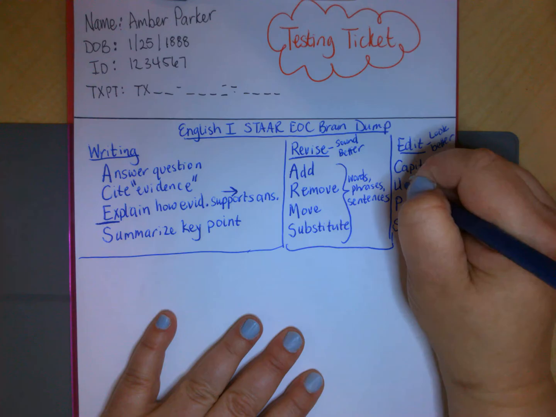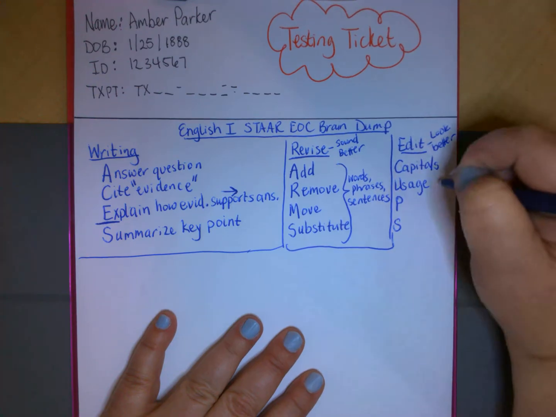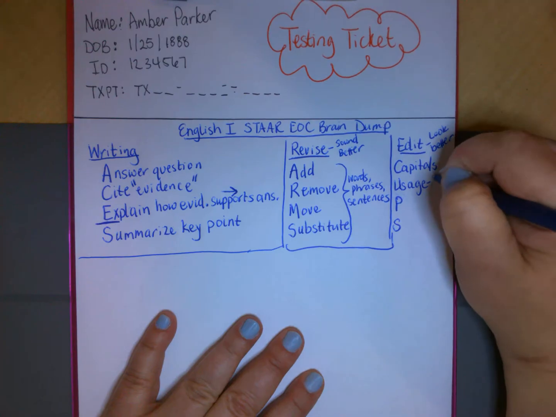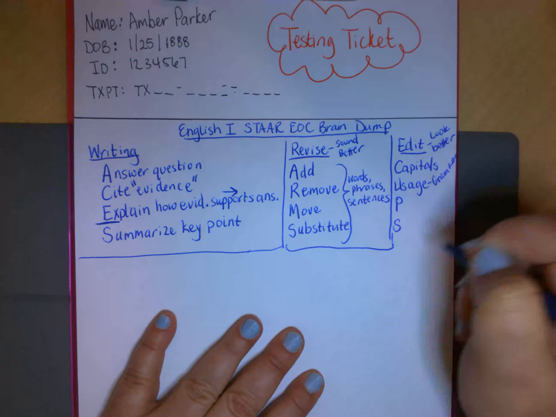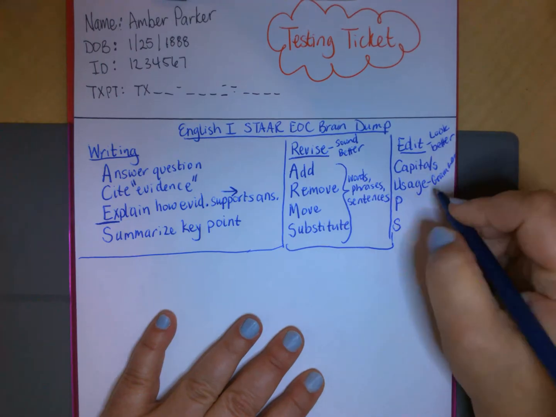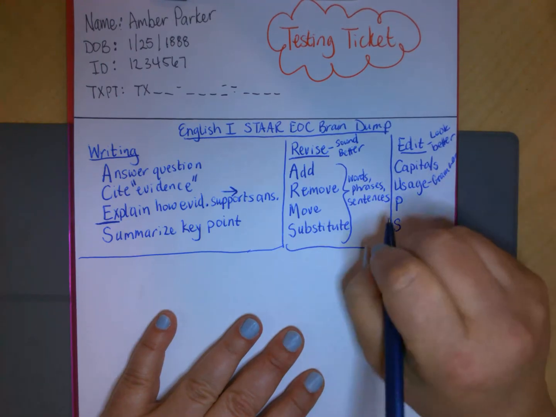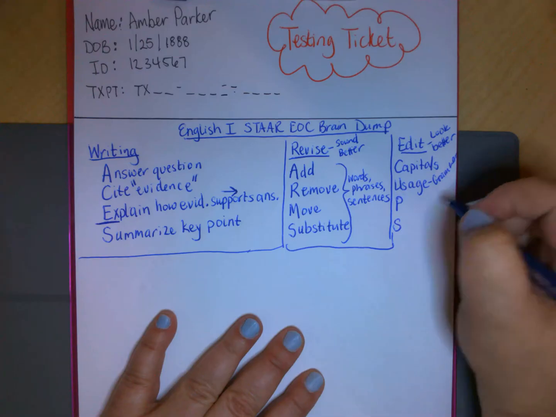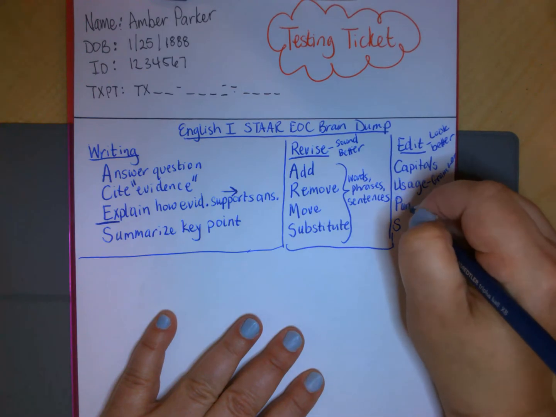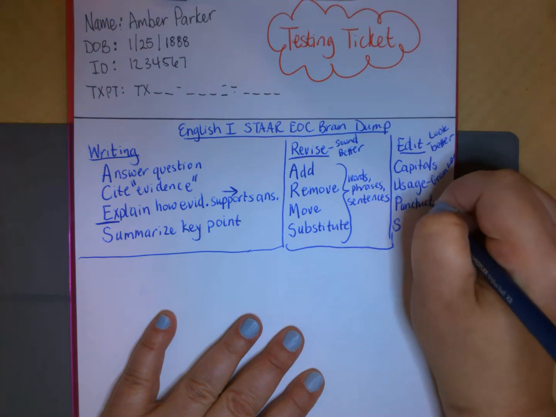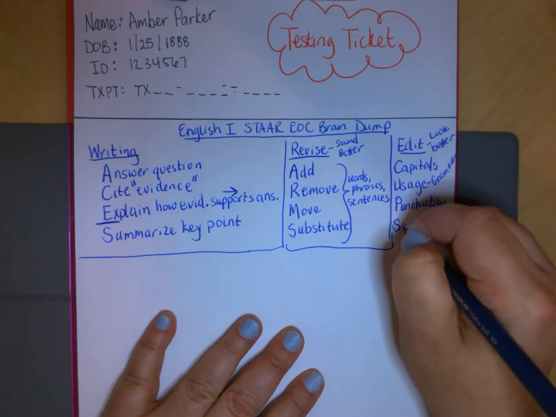My U is for usage, and what this means is grammar. I know that kind of went off the rails there, but that does say grammar, sort of. My P is punctuation. And my S is spelling.